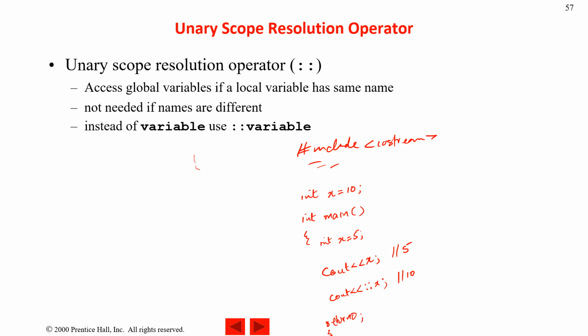So in this way you can access the global variable even if a local variable with the same name exists.